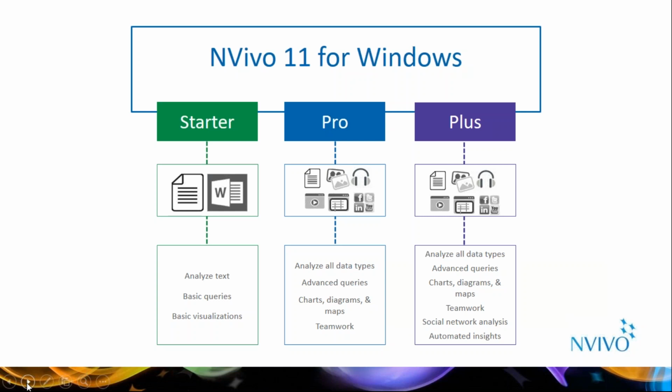And finally, with Plus, you can do everything that's in Pro, but you will have the addition of automated insights and social network analysis. Those are two features that are in the Plus version, although neither will be highlighted in today's presentation, just so that you know.